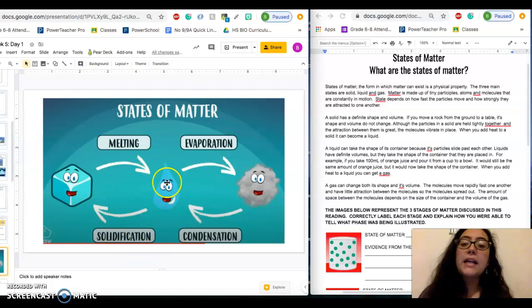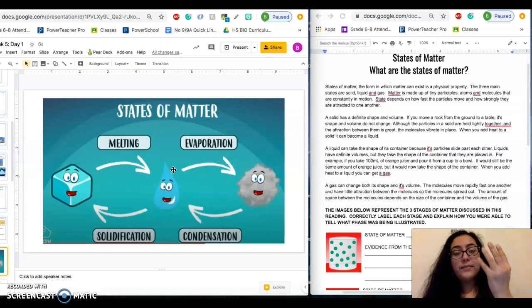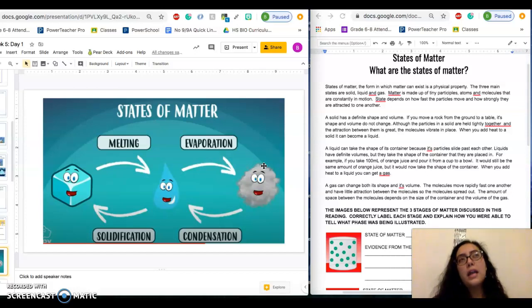If we keep adding heat to the liquid, it eventually will start to produce steam, and that steam is a form of gas. So ice will melt to water, and water will evaporate to gas if we continue to add heat. But what if I want to turn a gas back into a solid?